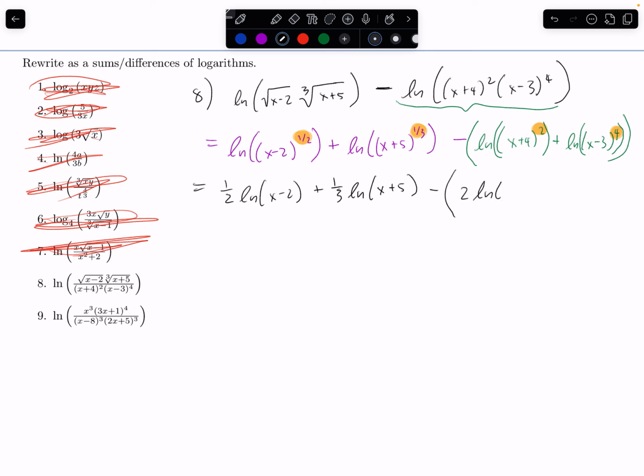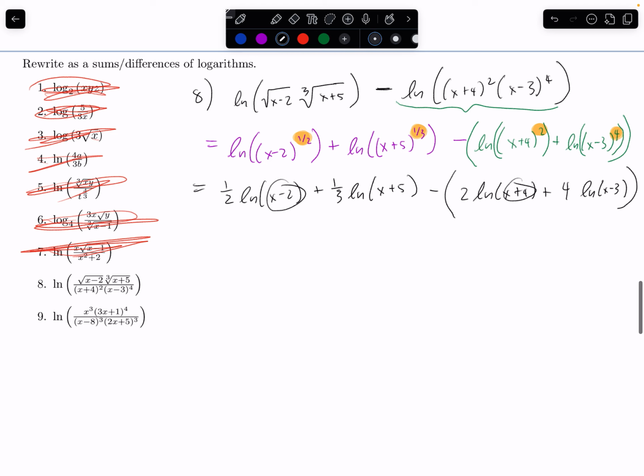This is 2 ln of x plus 4 plus 4 ln of x minus 3. None of these match up, so I can't combine any of those terms. Maybe if I had an x minus 2 and an x minus 2, both the same, then I could have done some combination, but they're all different, so they're all going to stay separate.